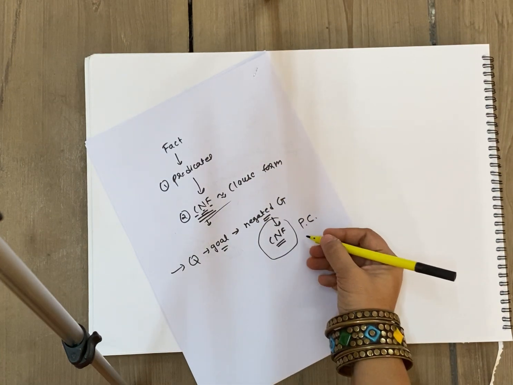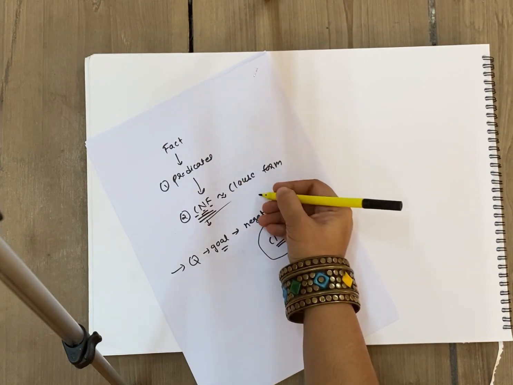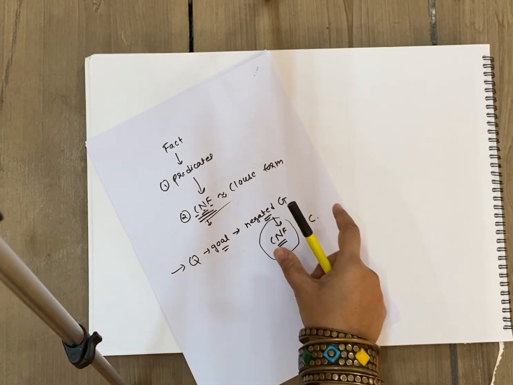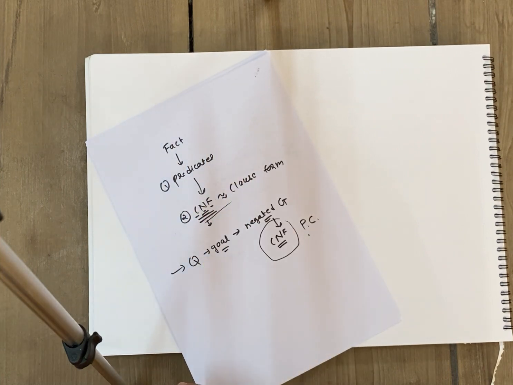Means if suppose I have positive A available in our goal, then in all clauses I have to search for negated A. So I have to make a pair of two literals in complete opposite context, like one is positive and one is negative. If in the goal I have man Marcus, then in clauses I am going to search for not man Marcus.